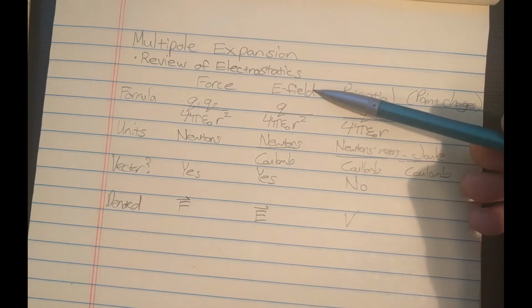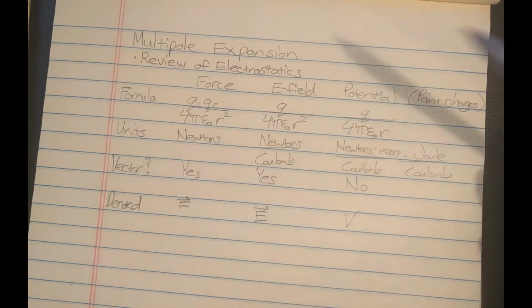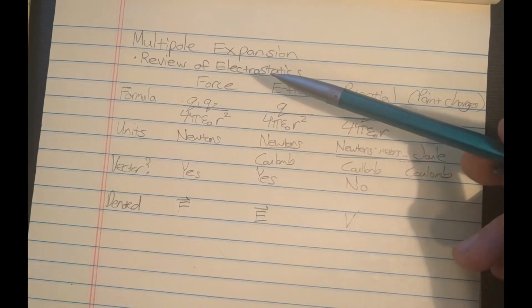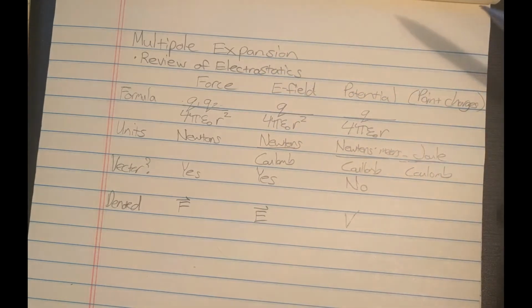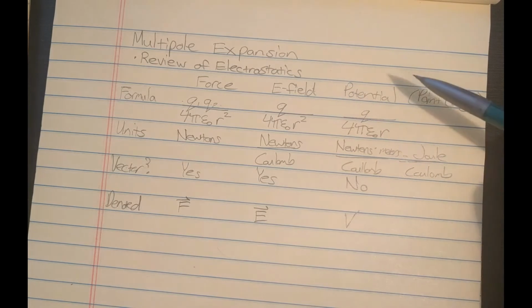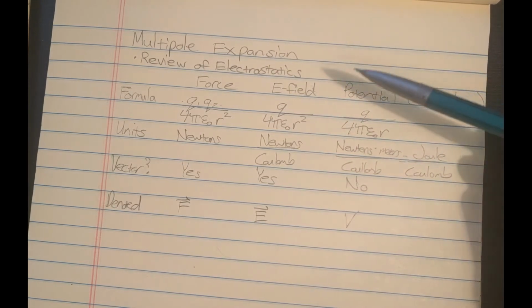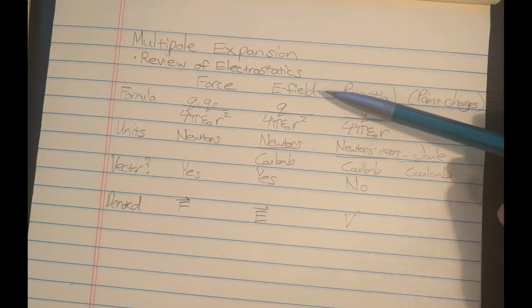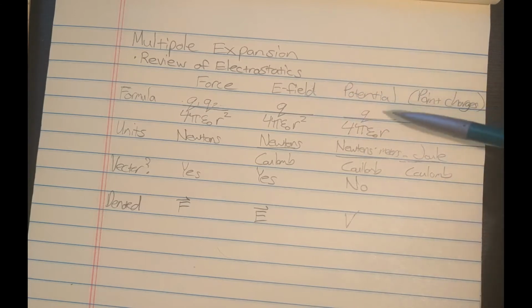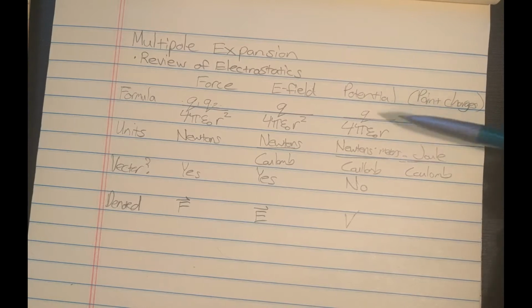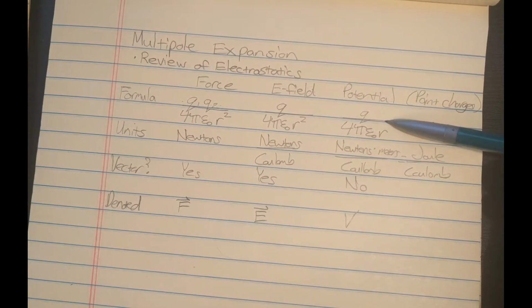Well, the E field is basically a force per unit charge, so you just divide the force by a charge and you get this E field. And potential is, if you try moving a charge through an electric field, how much work you have to do. That's what the potential signifies, and it's represented by this formula.